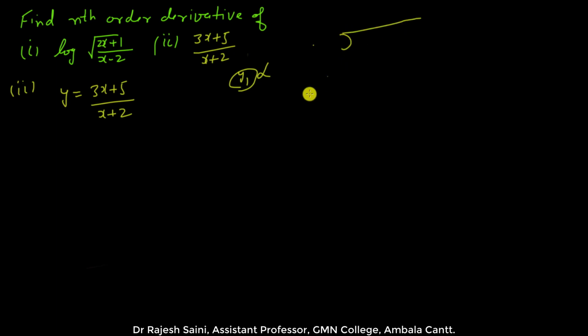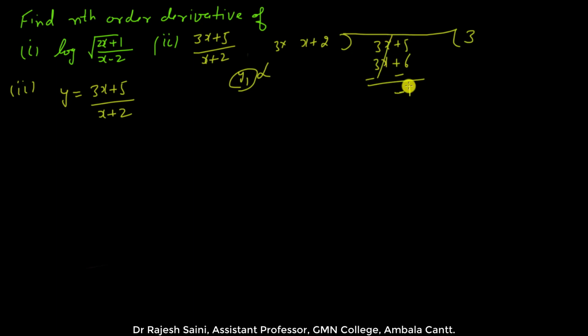Let us carry out the long division. You will write 3x plus 5 and here you will write x plus 2. So it will go upon 3. It will be 3 multiplied over here, 3x plus 6. It will be minus, this will cancel out, so this will be minus 1.